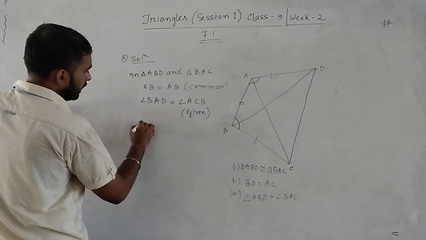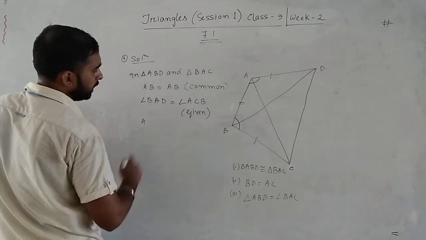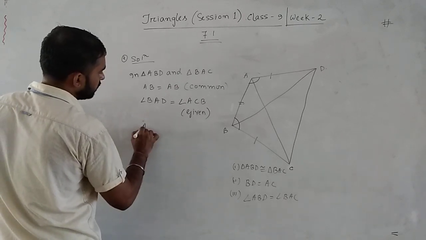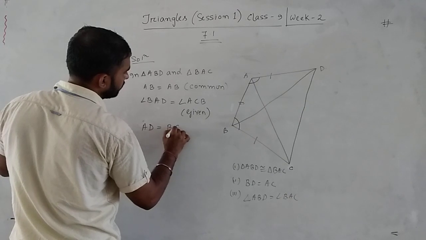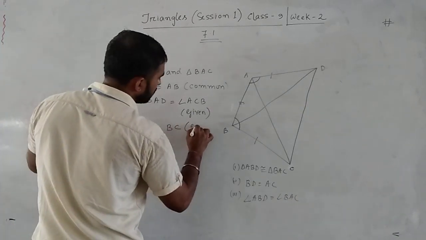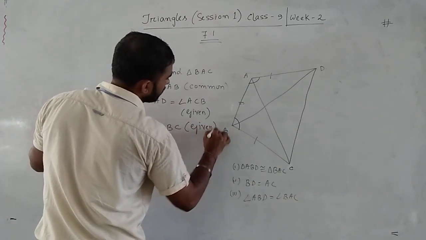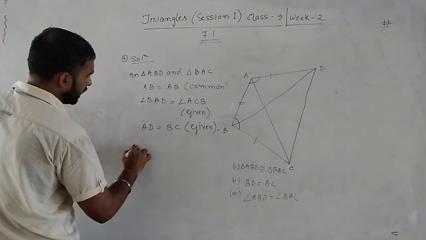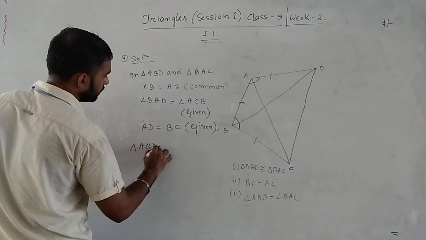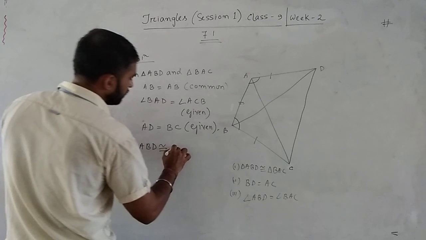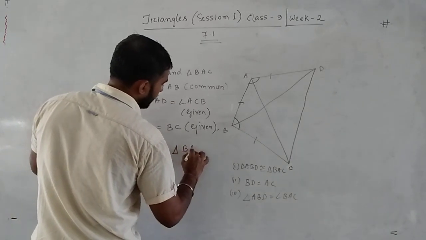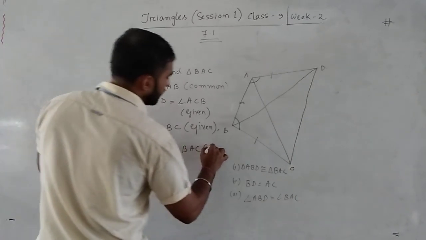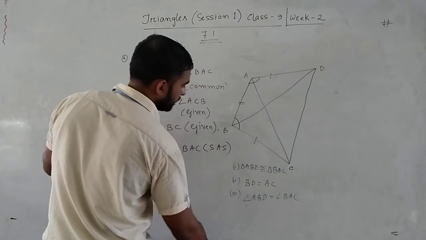Then AD equal BC, which is also given. Therefore triangle ABD congruent triangle BAC by side angle side.